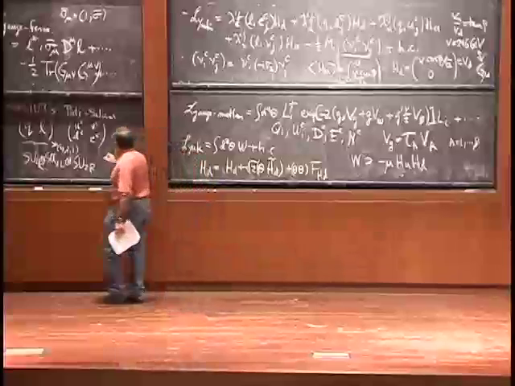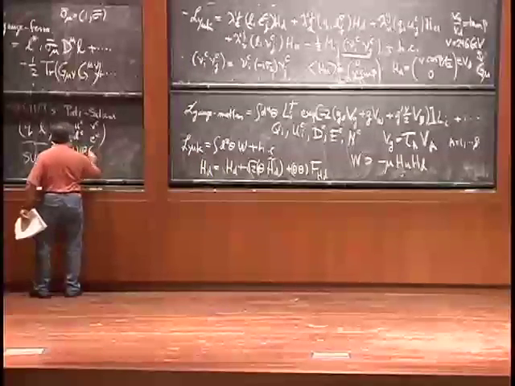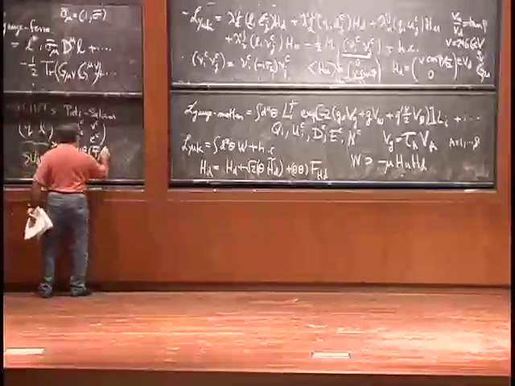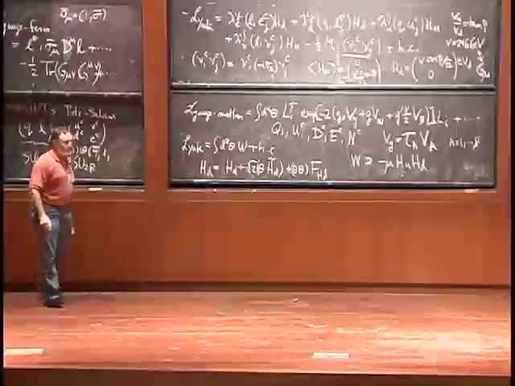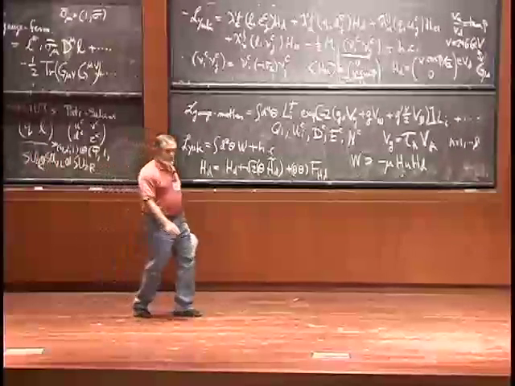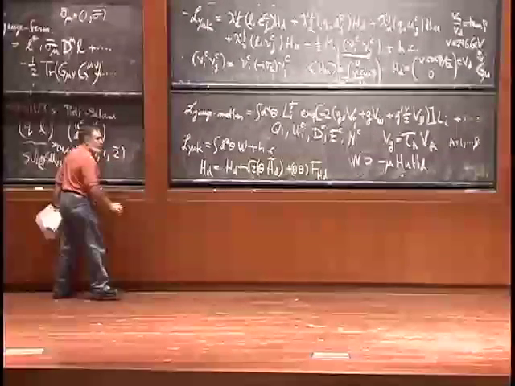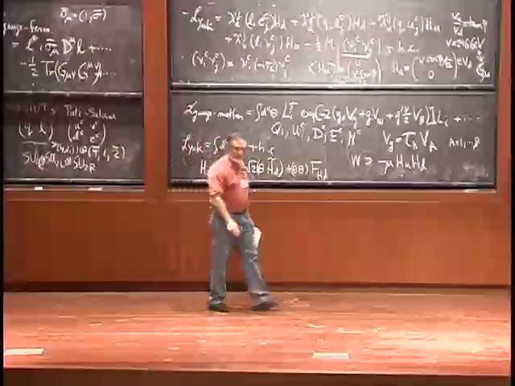And these states transform as a 4-bar under SU(4) color, a singlet under SU(2) left. They're left-handed singlets, but they transform as a doublet or a 2-bar under SU(2) right. Okay?